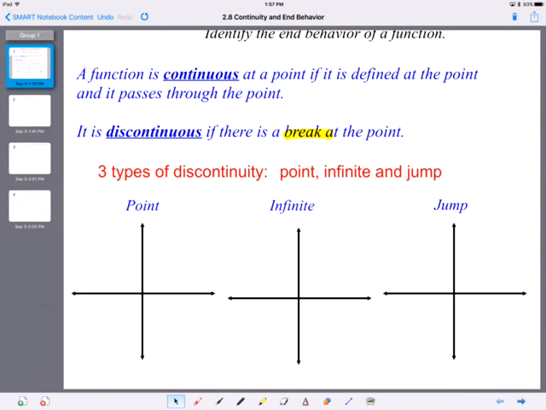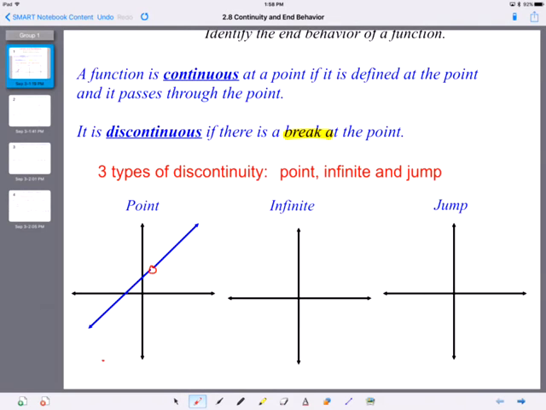First one is a point discontinuity. So you could have something like a line, but then there's a break. What we'll do is create a little break there, and then we have a point here.